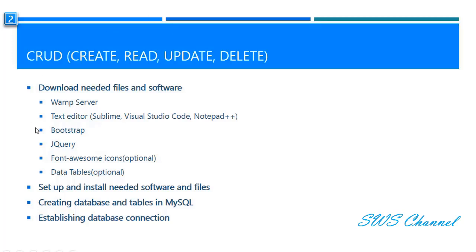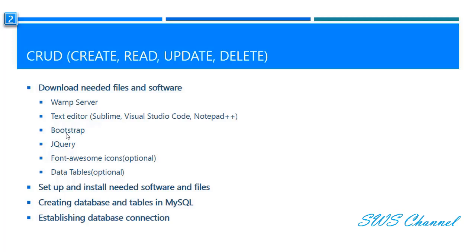And after that, for better design and a better interface, we use Bootstrap. Bootstrap is a front-end framework of HTML, CSS, and JavaScript. We will use it for the interface.